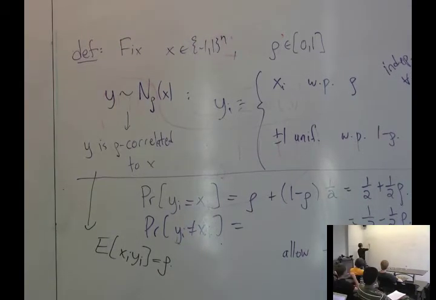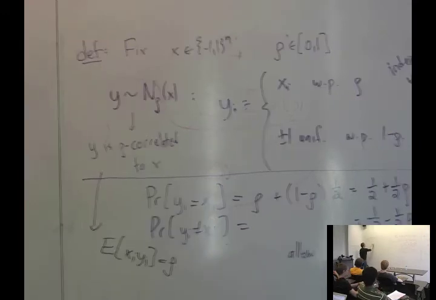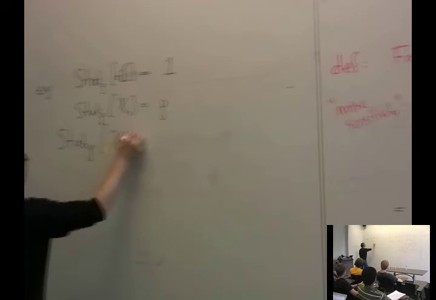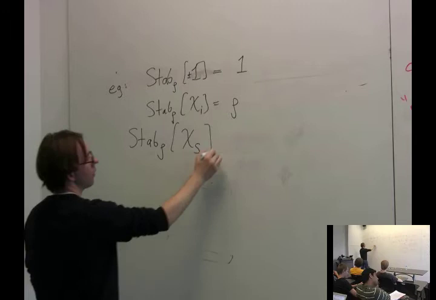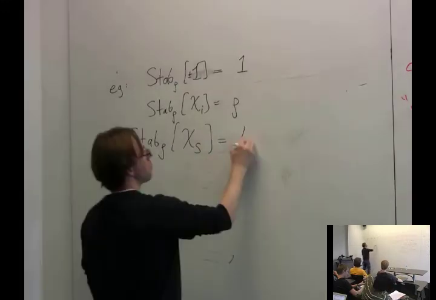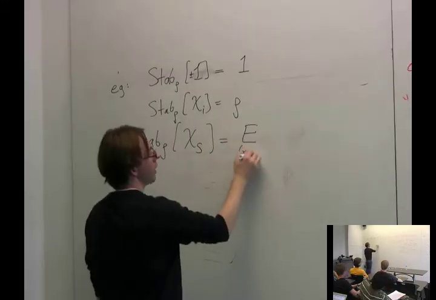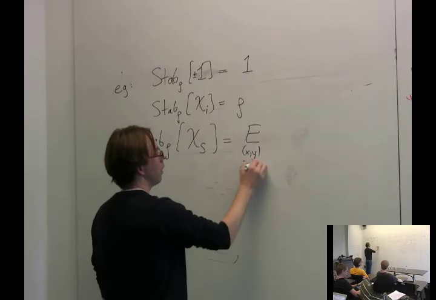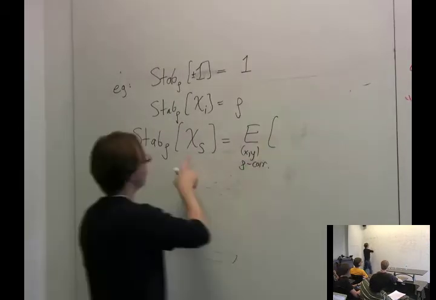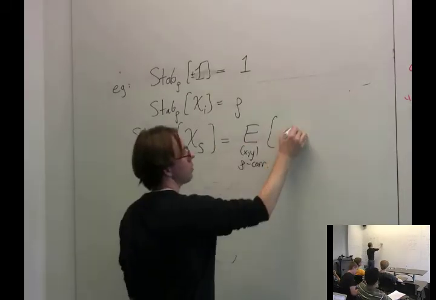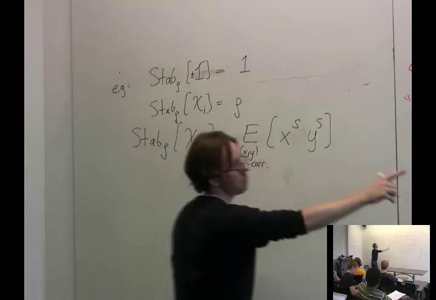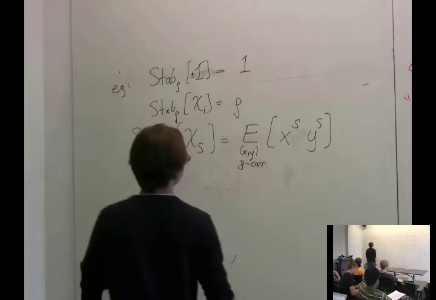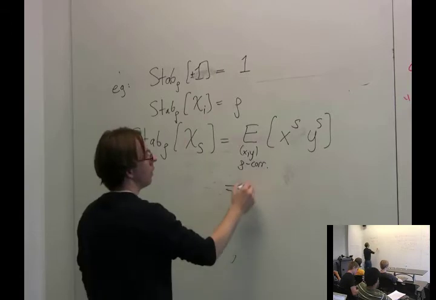So I'll do it more generally, and it could be clearer. The noise stability at rho of a general parity function, let's say on the S coordinates. Well, let's just compute it. This is the expectation over x, y, a rho correlated pair, of chi S of x, which is just the product of xi for i in S, times the product over i in S of yi.